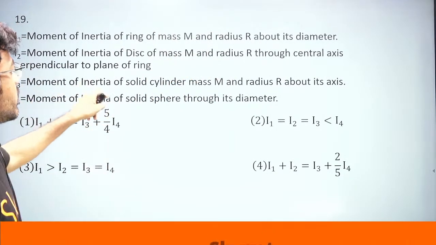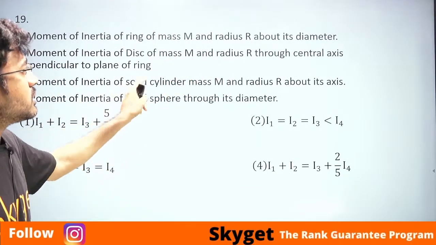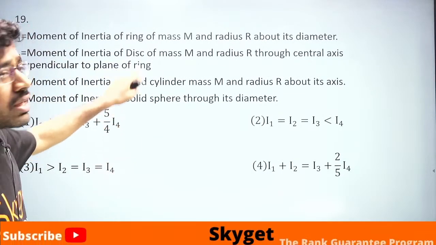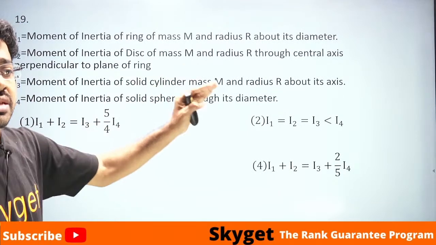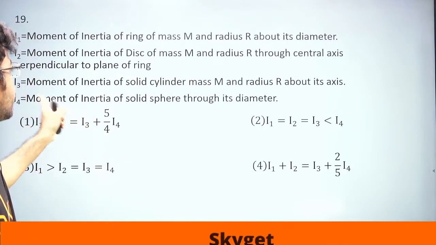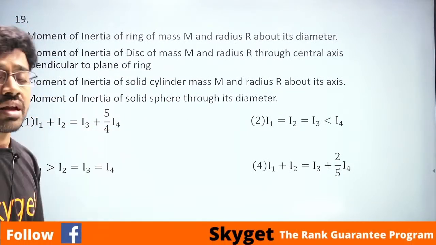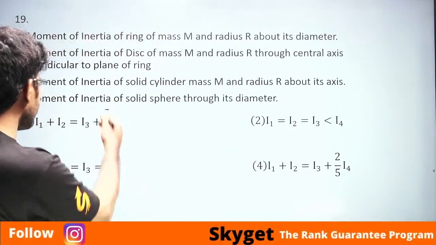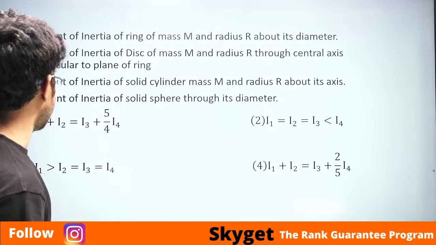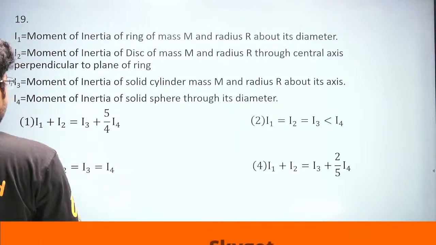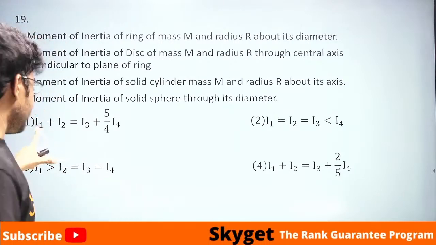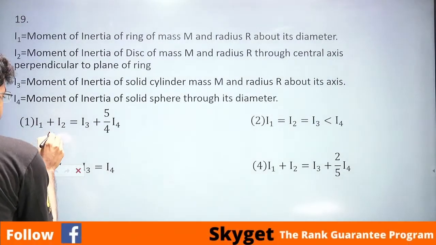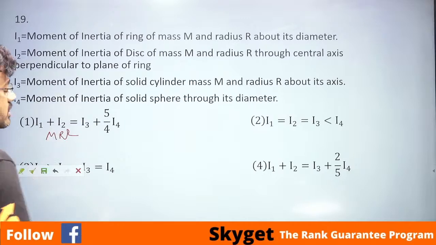Next, the third one is the moment of inertia of a solid cylinder. Here the solid cylinder can be considered as a group of discs, so the moment of inertia will remain the same, that is I is equal to mr square by 2. While in the fourth case, the moment of inertia of a solid sphere about the diameter is 2 by 5 mr square. So if you check all the options, I1 is equal to mr square by 2 and I2 is also equal to mr square by 2, so this in total becomes mr square.